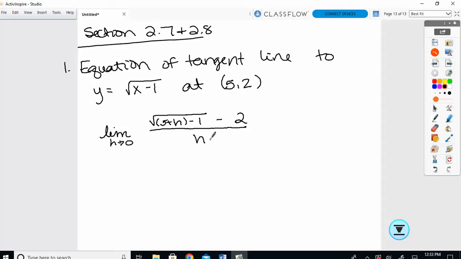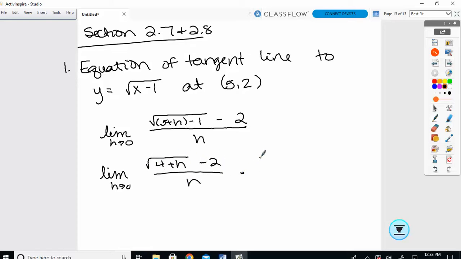All right, so now it's back to limits and all of our strategies for evaluating limits. When you have a radical, what was our strategy? Conjugate. I'm going to combine like terms first under my square root, so 5 minus 1 will be a 4 plus h.